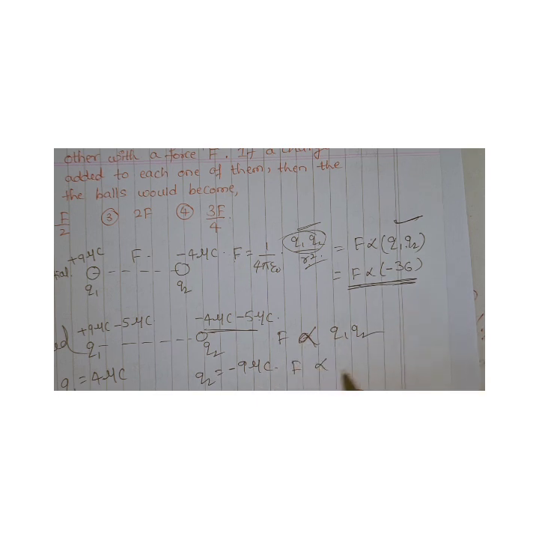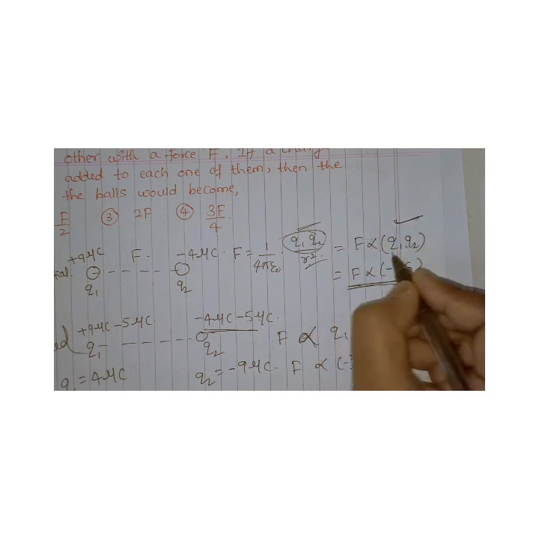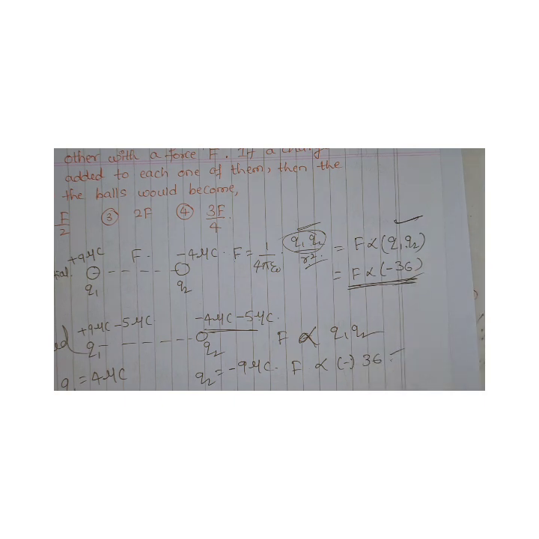Similarly here, F, I would write it like this, Q1 Q2. You look for this. So F is directly proportional to what? Minus sign I have taken here. 4 nines are 36. So that means your force is somehow remaining the same over here, because it is directly proportional to the magnitude of the product of the charges, right?